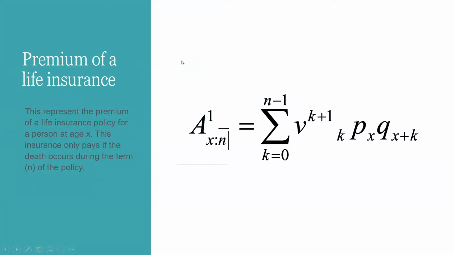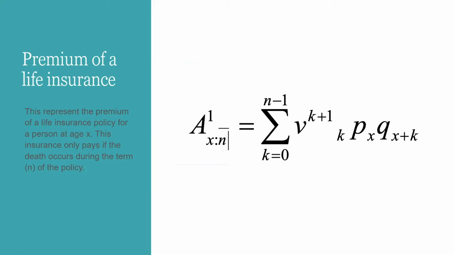So, the premium of a life insurance. This represents the premium of a life insurance policy for a person at age X. This insurance only pays if the death occurs at the end of the year during the term of the policy.